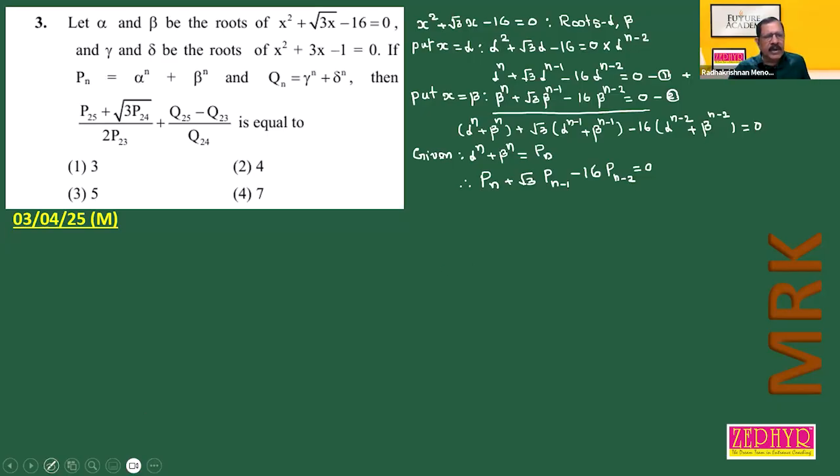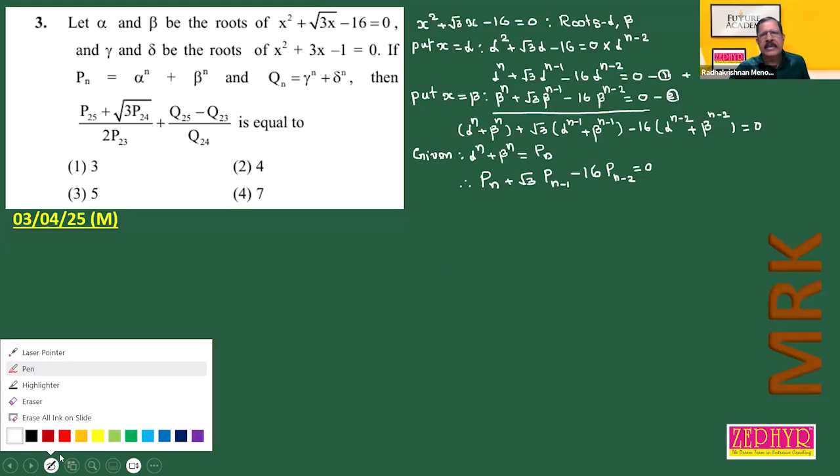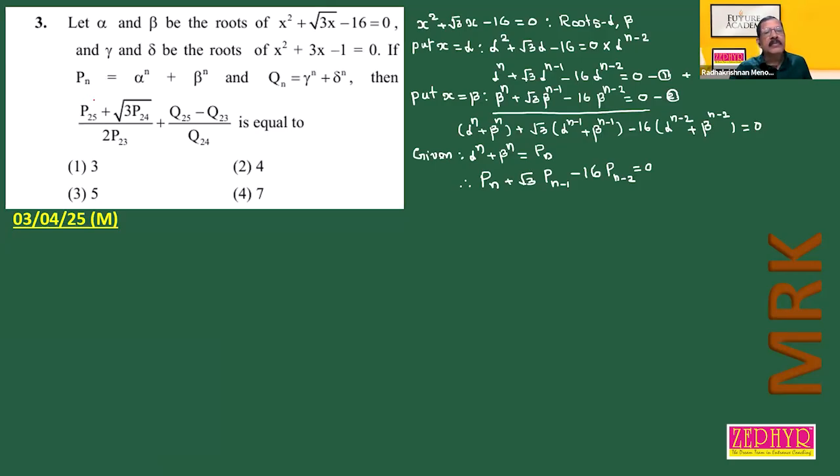Now we got an equation in Pn minus 1 and Pn minus 2. Now here, you have to find out P25 minus root 3 P24 divided by 2 into P23.